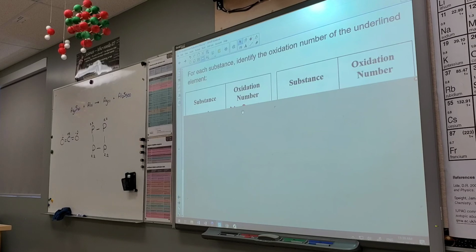Okay, now it's the carbon that we're trying to figure out.